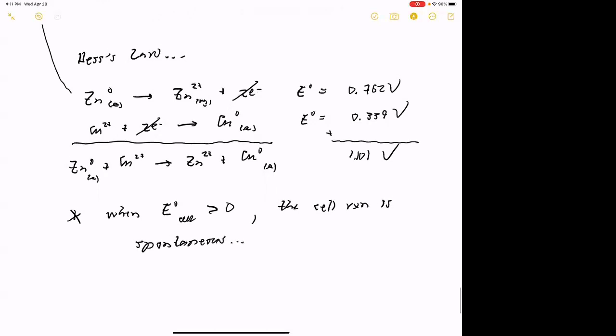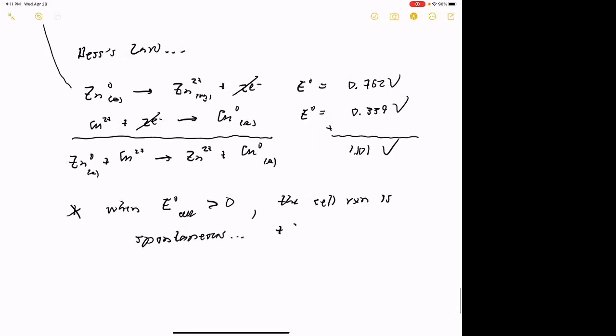A positive E0 for the cell means we have a negative delta G for the cell. Remember, the overall change in Gibbs free energy has to be negative for a reaction to be spontaneous. So again, we're just satisfying basic thermodynamic requirements here.